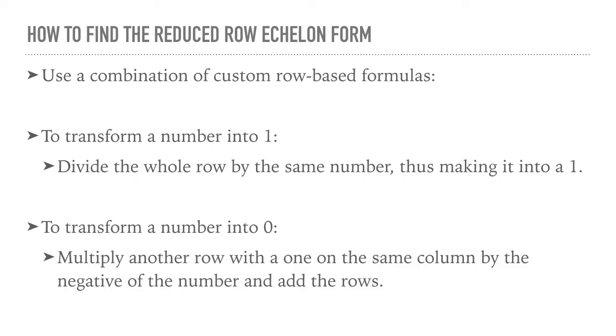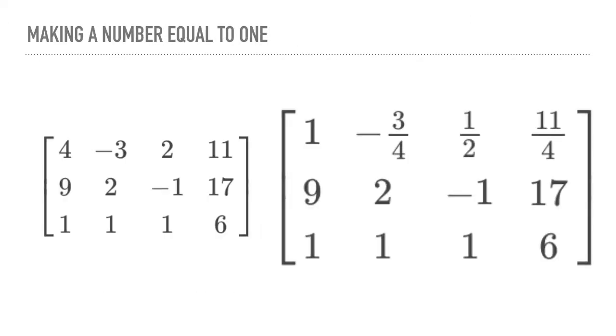We use a combination of custom row-based formulas. What does this mean? We need to either transform a number into 1, or transform a number into 0. To transform a number into 1, we divide the whole row by that same number, thus making that number a 1 but modifying the rest of the numbers. For example, if we want to turn the first number, which is 4, into a 1, we need to divide the whole row by 4.